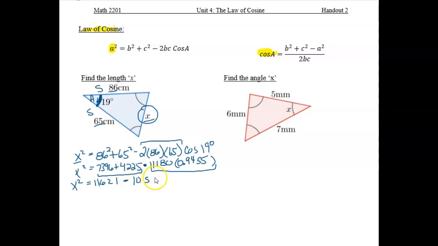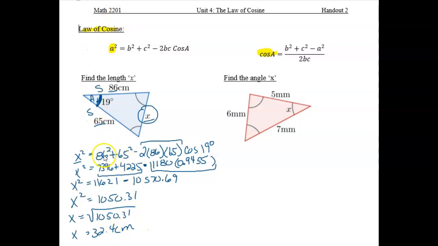So 10,570.69. And you do your subtraction there. You'll get 10,050. So it's squared, and to get rid of the square, to simplify it down, you take the square root. So x would then equal 32.4. And everything here is given in centimeters, so we say centimeters.